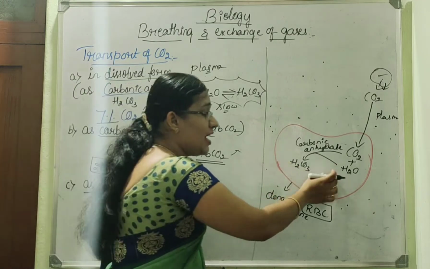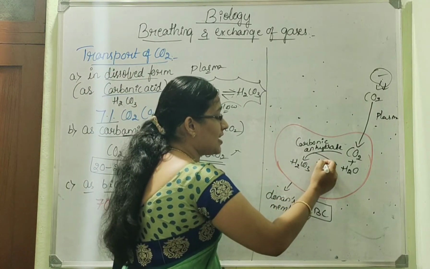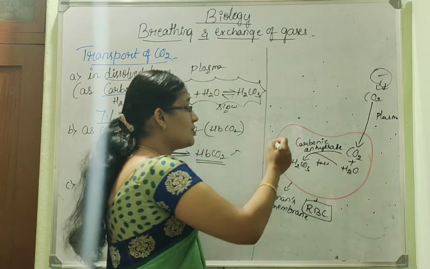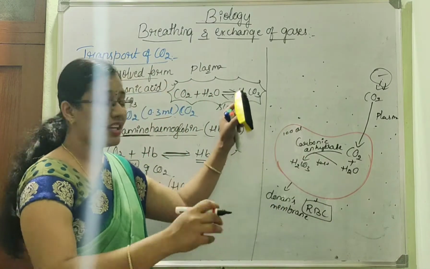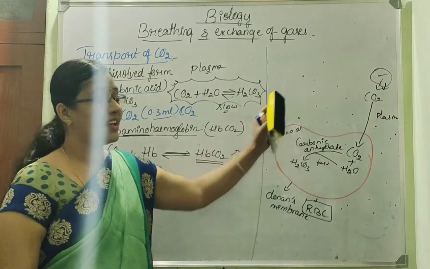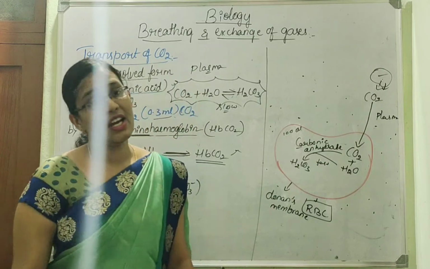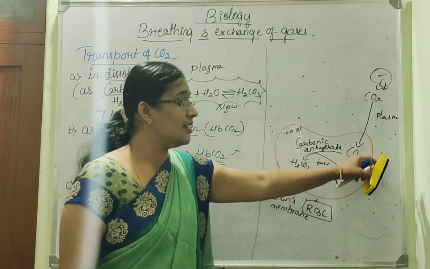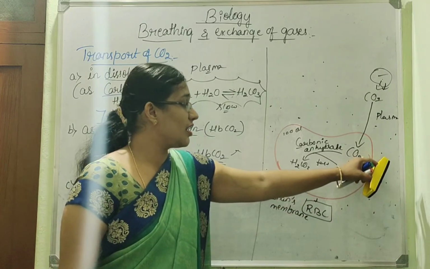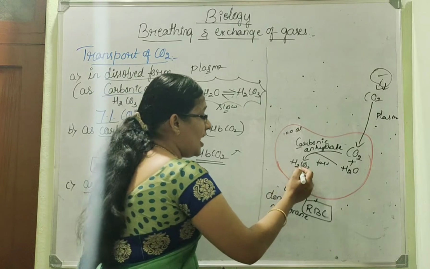But the same reaction inside the RBC takes place at a very fast pace, about thousands of times faster when compared to the reaction occurring in the plasma, because of the presence of carbonic anhydrase. So carbon dioxide combines with water to form carbonic acid.